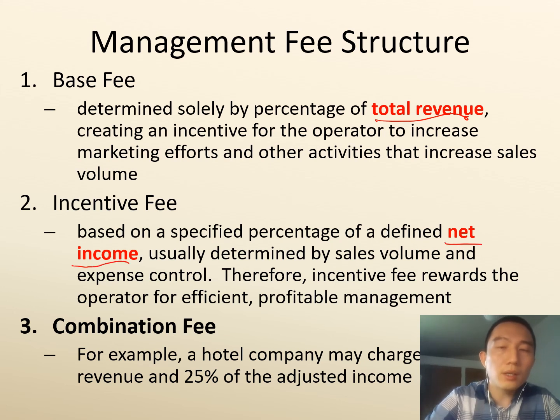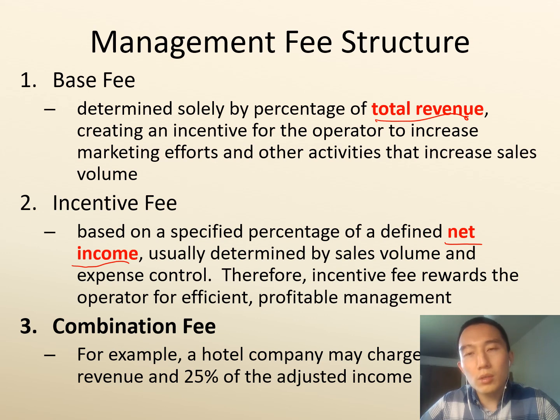So be careful here. When you do your homework or calculations, please use the correct base to calculate each fee. When we calculate the fee based on the total revenue, it is safer for a management team because a hotel must make total revenue, right? But a hotel may not be able to make a positive net income.